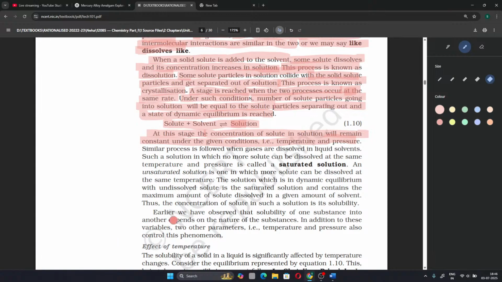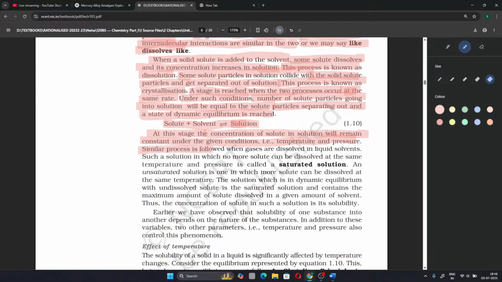When the same amount of solute is getting dissolved and the same amount is getting crystallized, the concentration of the solution will remain constant at a given temperature and pressure.